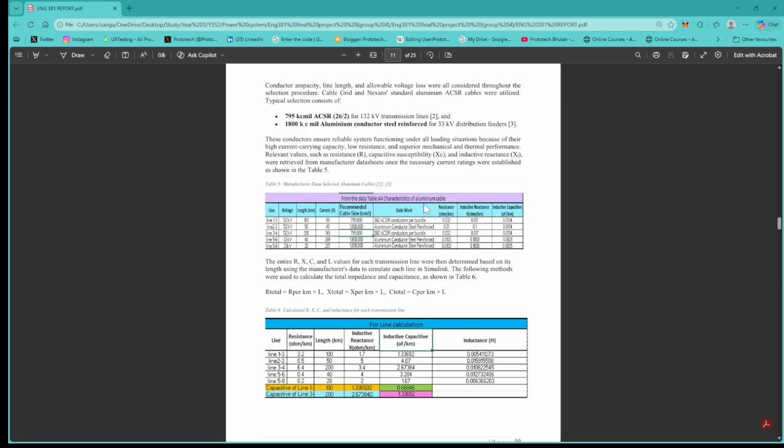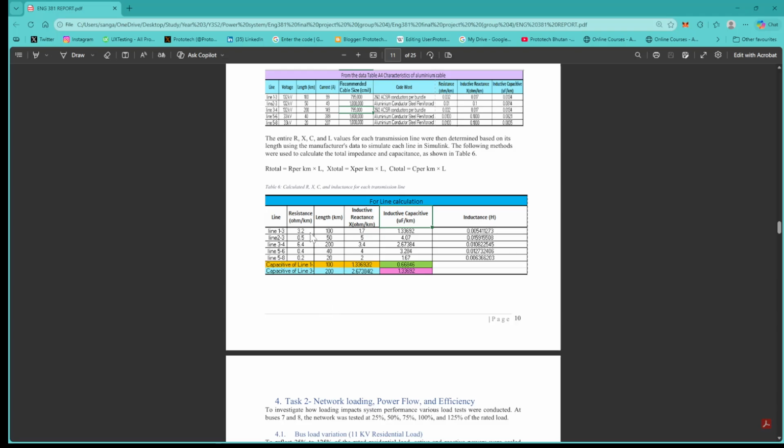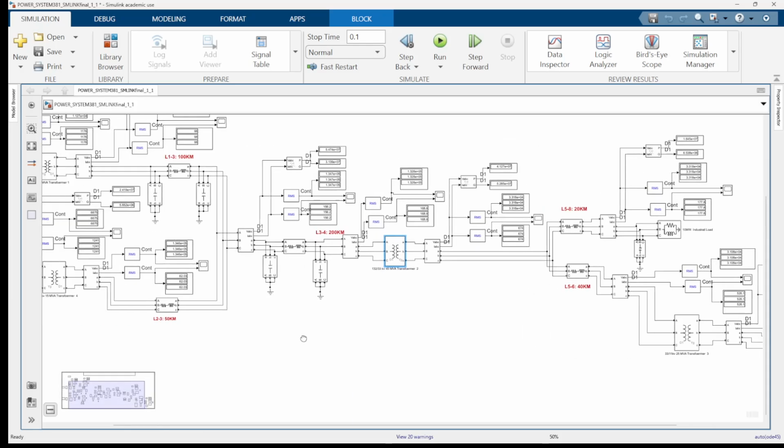From the manufacturer's datasheet, you will get resistance, inductive reactance, and capacitance. Based on that, you have to calculate the reactance and inductance for each transmission line. Then you can plug this in as an R and L block.